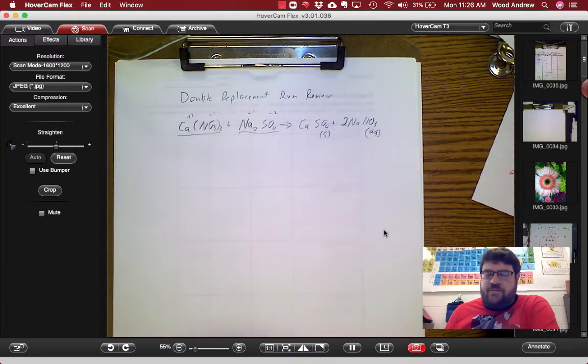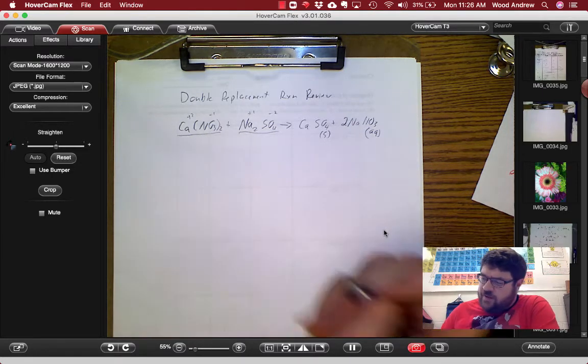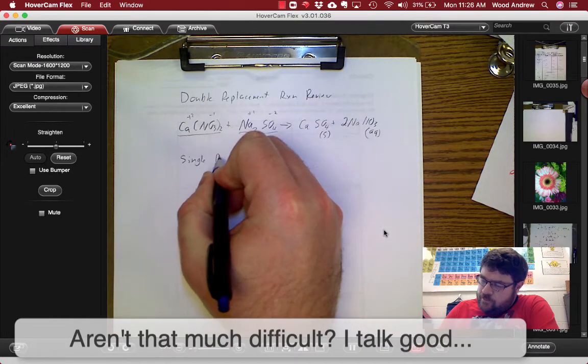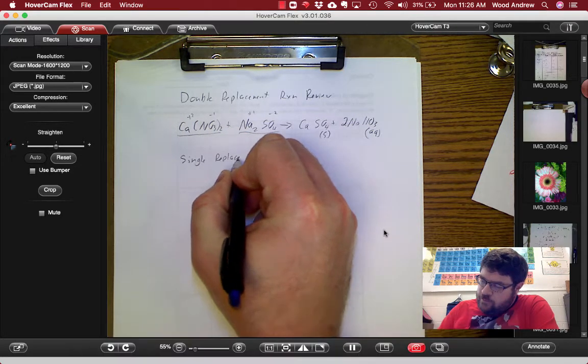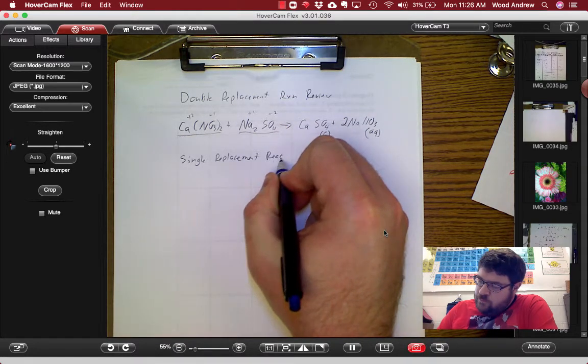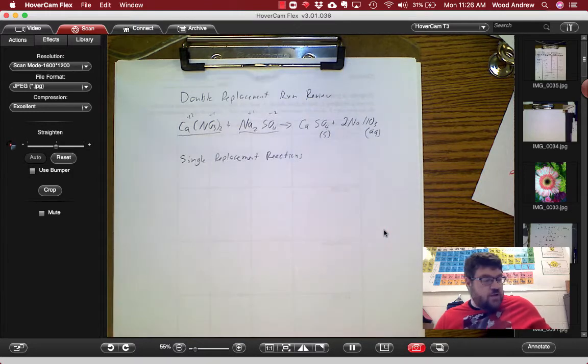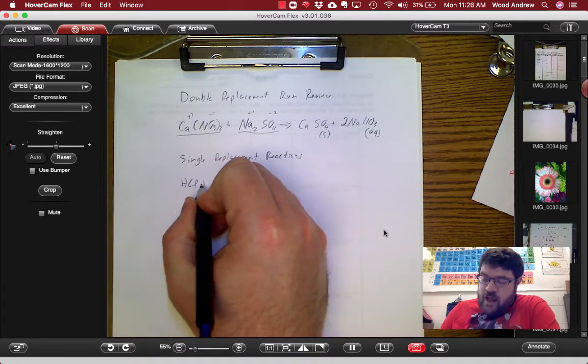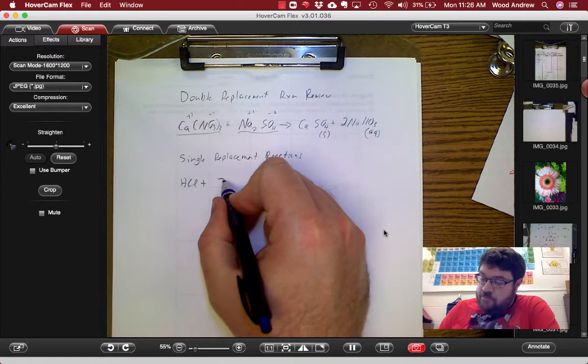If you can do double replacement reactions, single replacement really aren't that much more difficult. So with a single replacement reaction, you'll end up having a compound, like say hydrochloric acid, and then a free element, like say zinc.